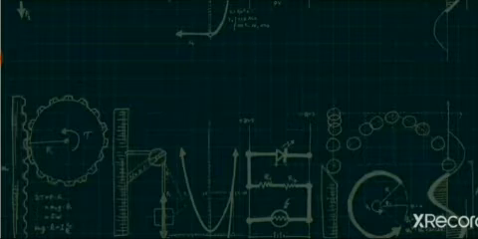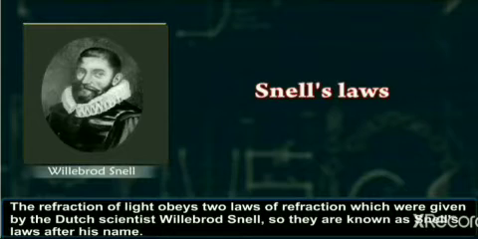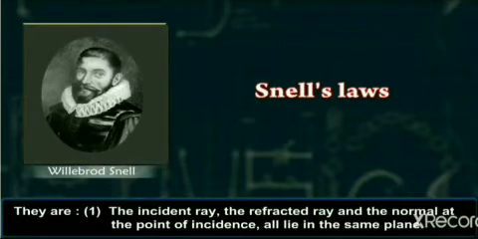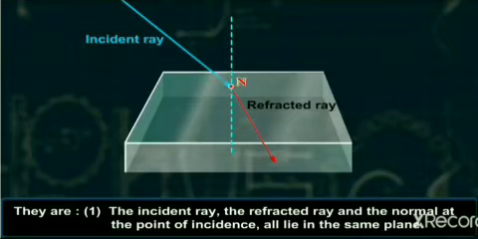Laws of refraction. The refraction of light obeys two laws of refraction which were given by the Dutch scientist Willebrord Snell, so they are known as Snell's laws after his name. They are: 1. The incident ray, the refracted ray, and the normal at the point of incidence all lie in the same plane. 2.